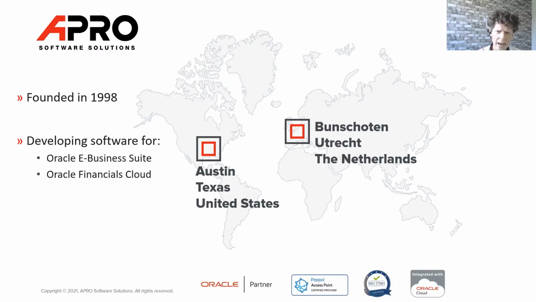So we have a very high focus on Oracle, meaning that we have a lot of functional knowledge about Oracle, about setups and how processes work, but also technical knowledge. The developers have a lot of knowledge about the database side, all the environments, etc. It all started in the Netherlands, so that's where the headquarters are. We have an office in Austin, Texas right now, just to support our customers who are on the other side of the ocean.